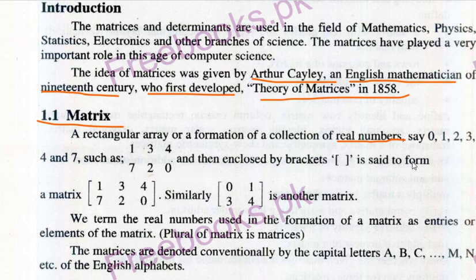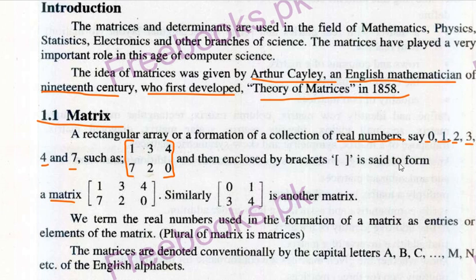Here, 0, 1, 2, 3, 4 and 7, such as the formation of a collection of real numbers in a rectangular array. And if we enclose these real numbers by brackets, it is said to form a matrix.